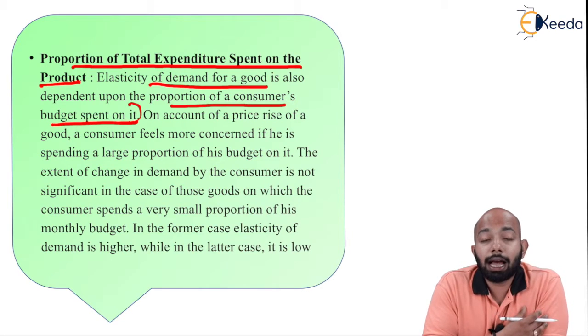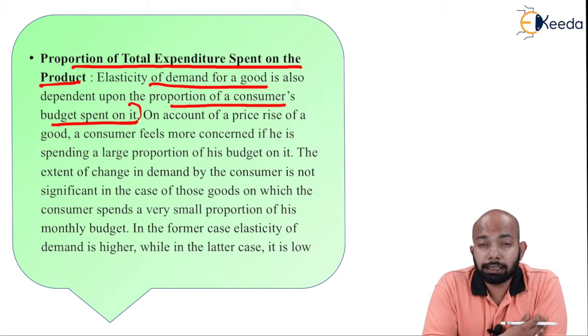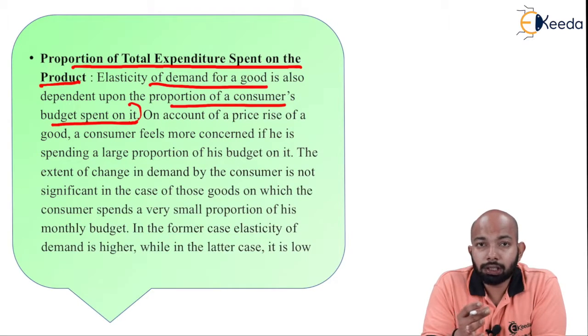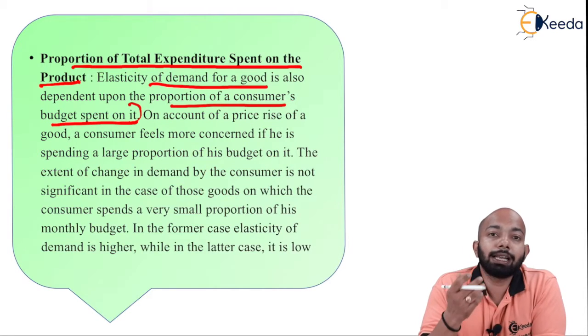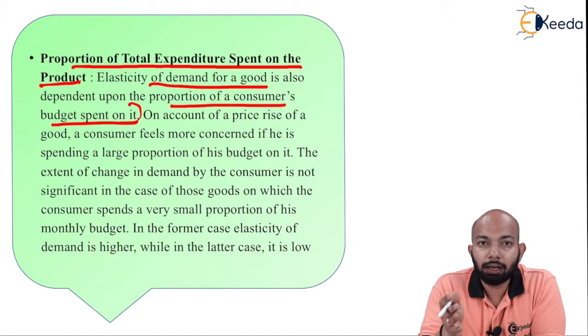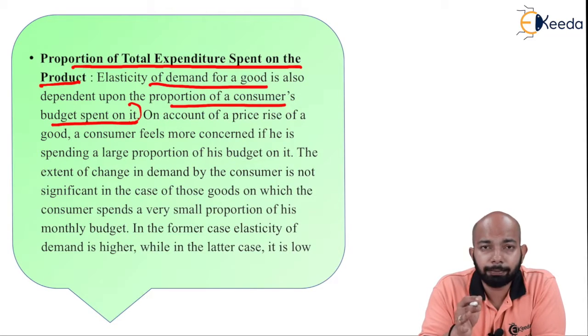What is the expenditure I can make out of my income if I have to buy a car? Am I eligible? That is a different concept, but am I willing to pay that much? Because demand constitutes willingness to spend that much money. You have money, that is fine, but are you willing to spend it? If you don't have the willingness, you won't go behind it, even if you have money.